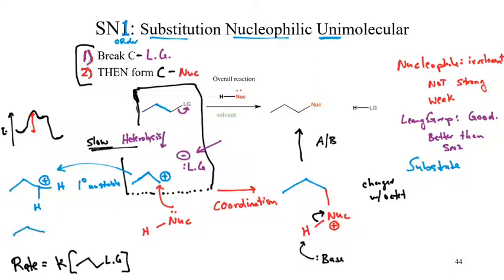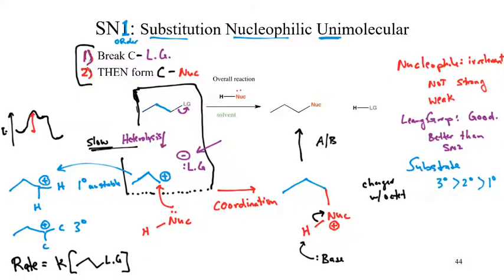To make it more stable, what I would need would be carbons connected to it, a tertiary. So if I identify that that substrate is a tertiary substrate, it is going to do this heterolysis step very, very fast. Well, if the heterolysis happens faster, the SN1 reaction is more likely to occur. Okay, so a tertiary substrate reacts faster than a secondary, which is faster than a primary.